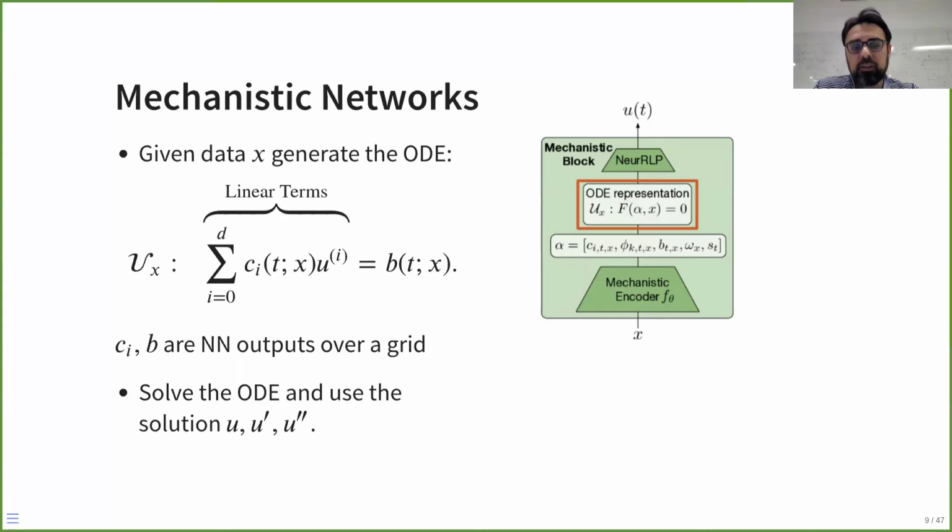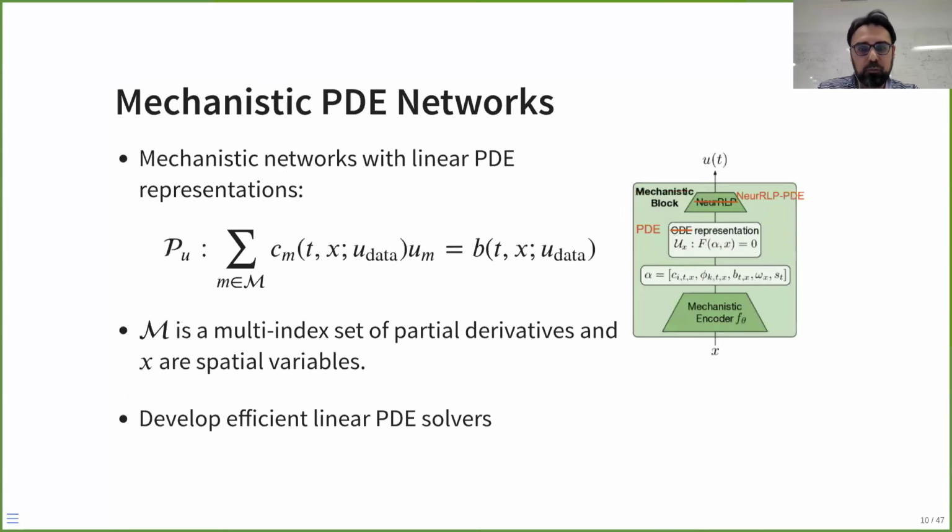So the coefficients and the right-hand side, all of them are produced by neural networks given data. In addition, you can also generate and differentiate through initial conditions, step sizes, and so forth. You would then solve the differential equation and use the solution downstream in some way.